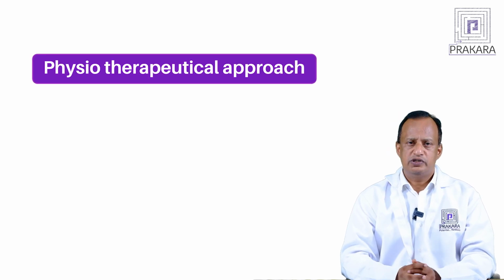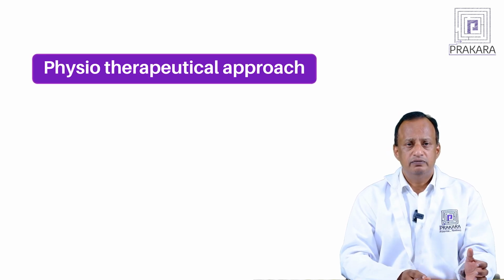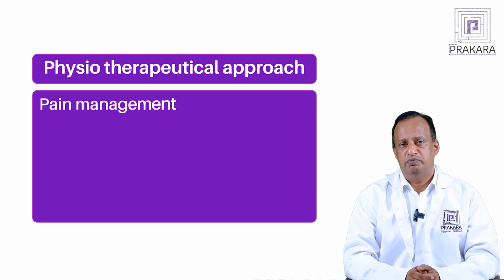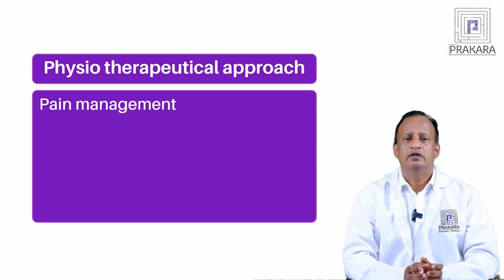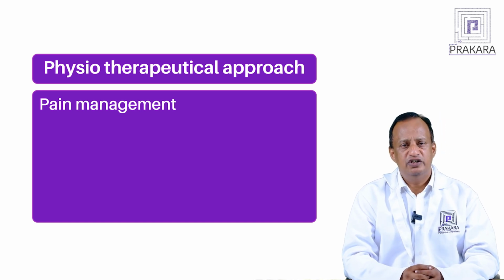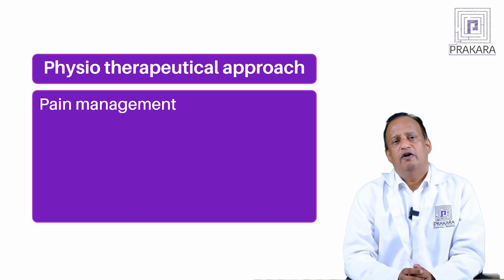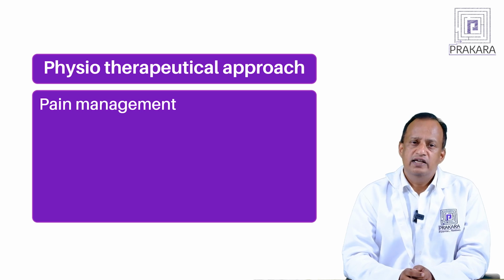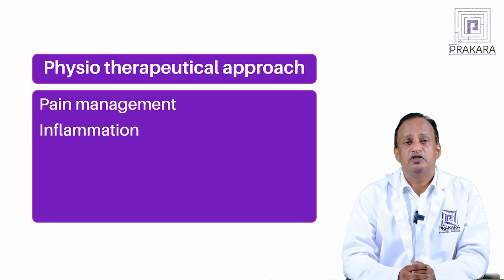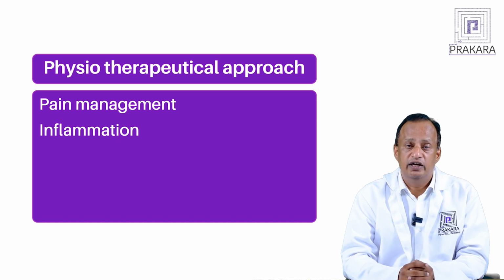Now we will be discussing the different physiotherapeutic approaches in the treatment of osteoarthritis of the knee joint. The first one is associated with pain management, right. As we know, the pain around the joint is mostly mechanical in nature, so we have to correct the mechanics as well as the inflammation that exists because of the excessive loading.